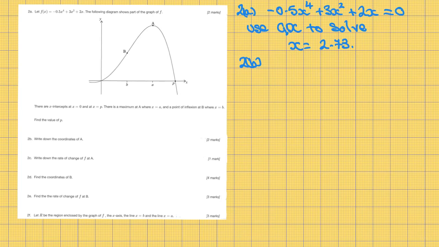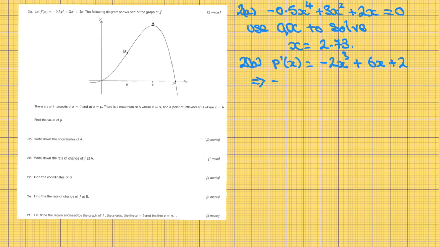A is a maximum, so we need to find the derivative of f of x. So f dash x is equal to 4 times minus 0.5, which is minus 2x cubed, plus 3 times 2, which is 6x, plus 2. At A, we know the derivative is equal to 0.